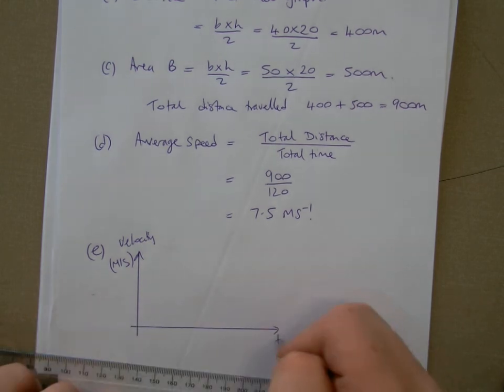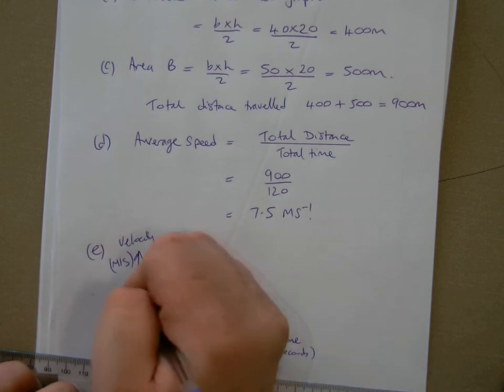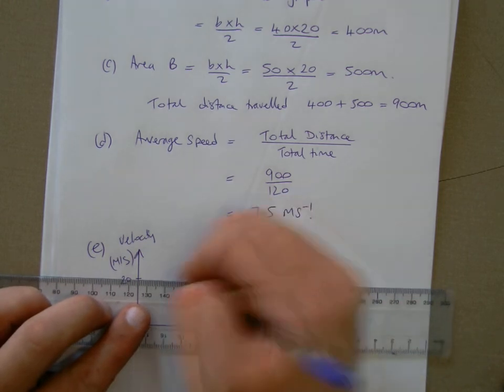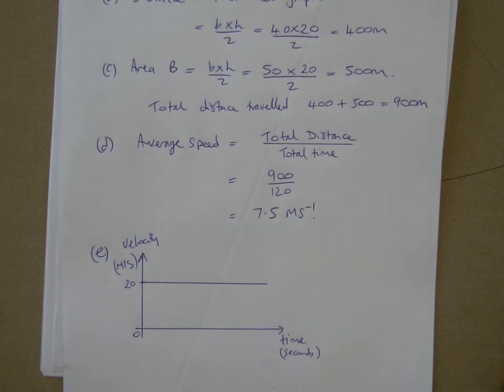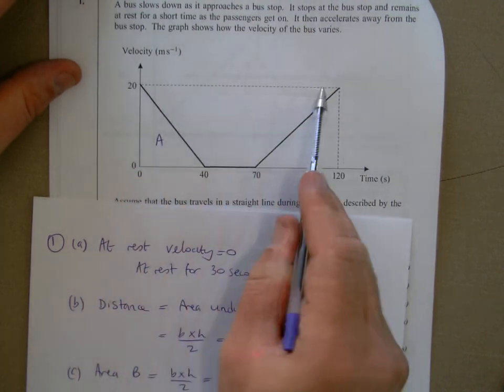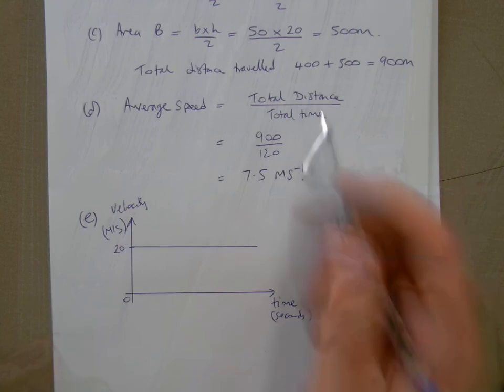I'm sure you can imagine now what it's going to look like, because it's going at a constant speed of 20 for the full period. So we have essentially a rectangle here, yeah, because that's a flat line there. So going back to the original graph here, because it hasn't stopped, it would keep going at that speed for 120 seconds, okay, you'd have that there.